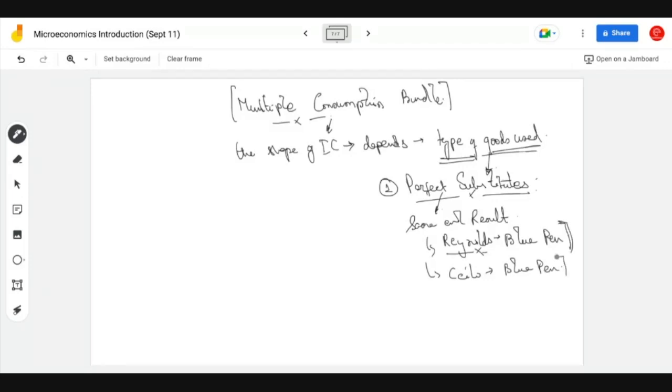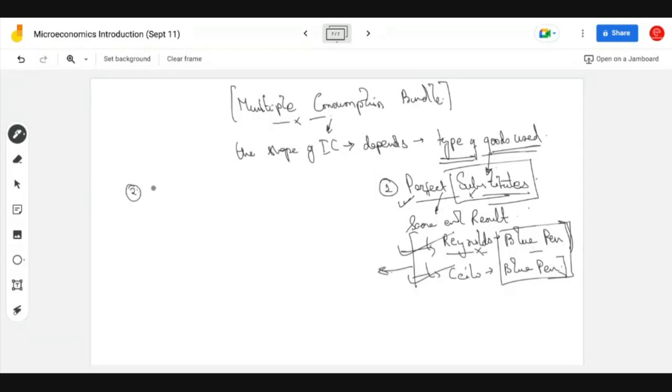So, irrespective of whether the company that has produced the blue pen is Reynolds or Cello, the end result is the same. Why? Because it's the blue pen. So, this is nothing but your perfect substitutes. Perfect substitute means you can use either the Reynolds blue pen or the Cello blue pen. The result will be the same.